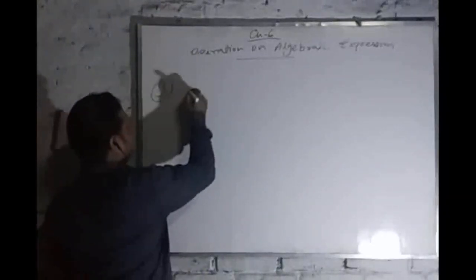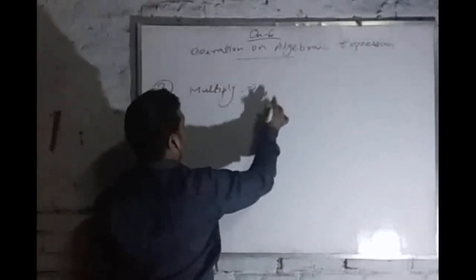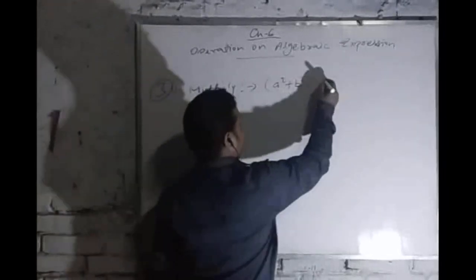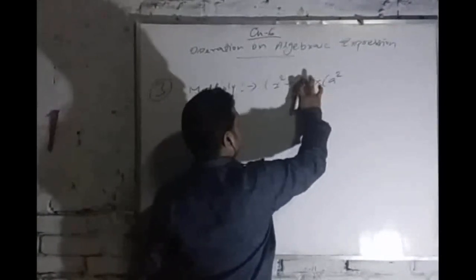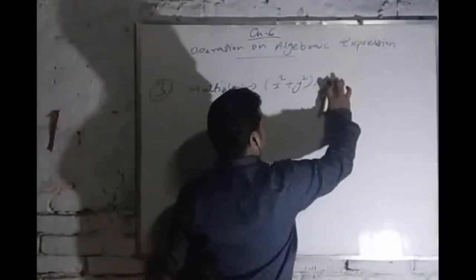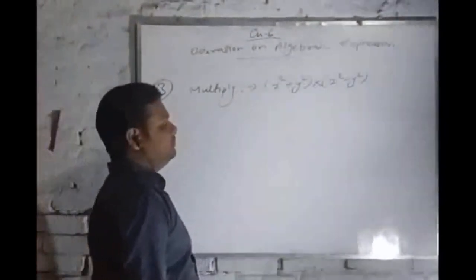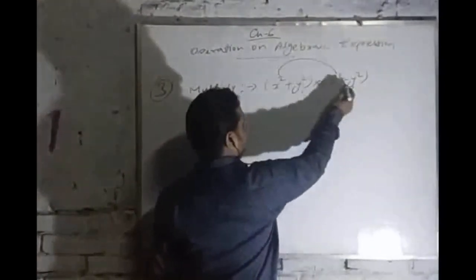Now, if the question is to multiply x square plus y square into x square minus y square. Here you can see the first term is matching, the second term is matching, but the sign is not matching.